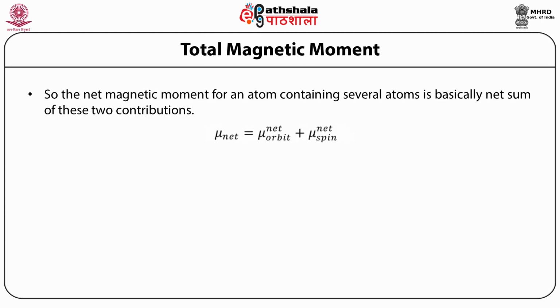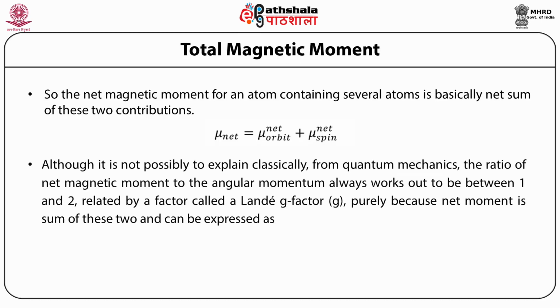That is, mu net is equal to mu net orbit plus mu net spin. Although it is not possible to explain classically, from quantum mechanics the ratio of net magnetic moment to the angular momentum always works out to be between 1 and 2.